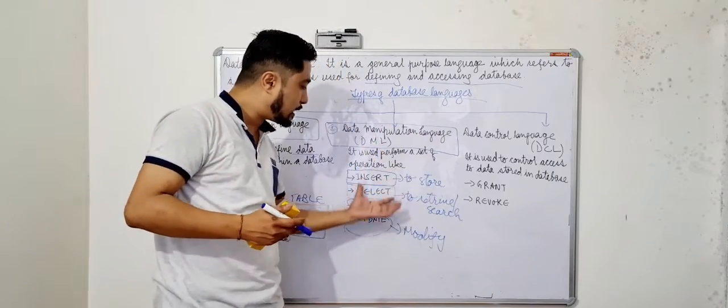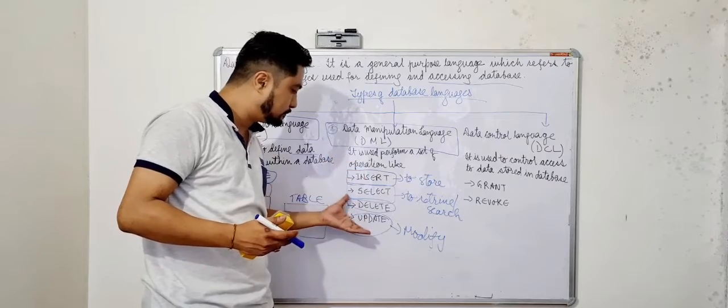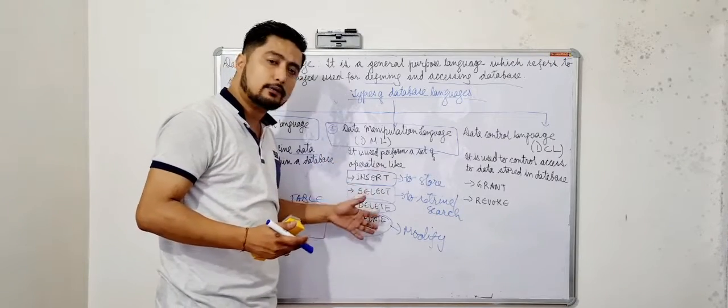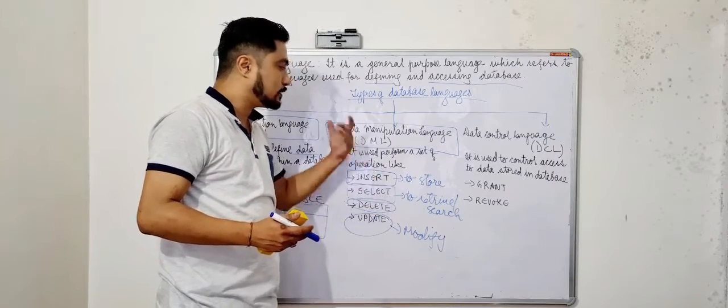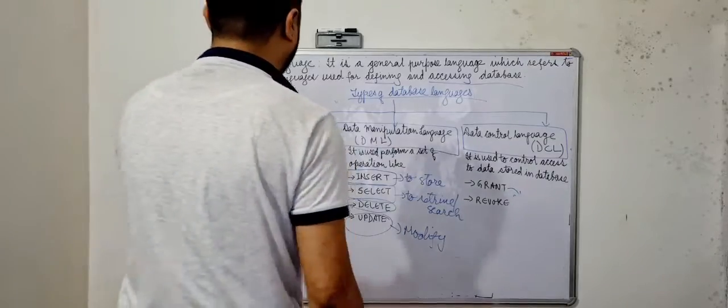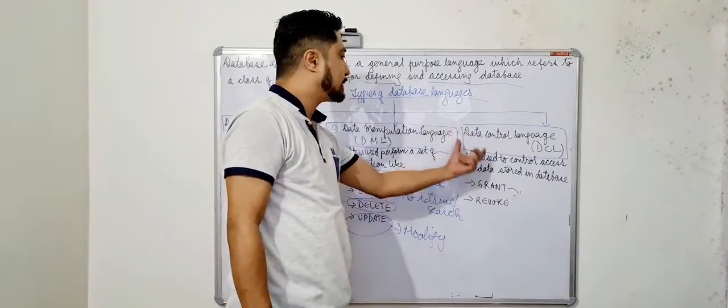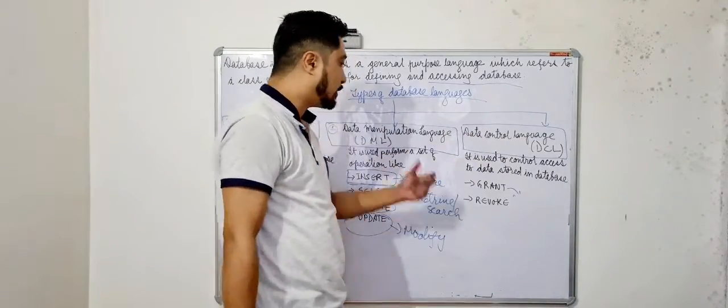So these are some data manipulation language keywords or commands which are used for data manipulation. Now the next one is DCL or data control language. So what does this mean?